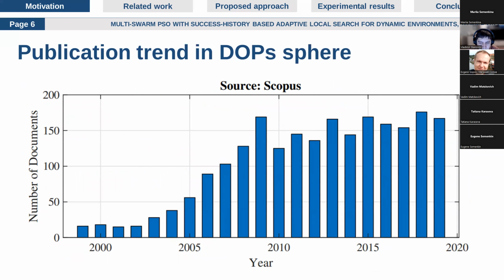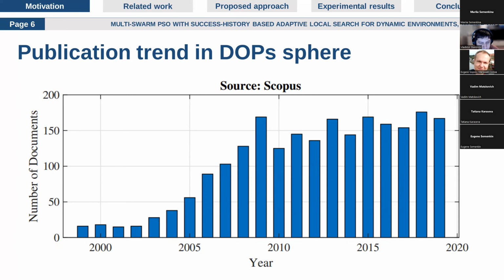Of course, the interest in dynamic optimization is growing. This can be seen by the number of publications in recent years. But as I mentioned in my previous talk today, it is interesting to see that this year in 2022, there were 4 competitions on dynamic optimization.